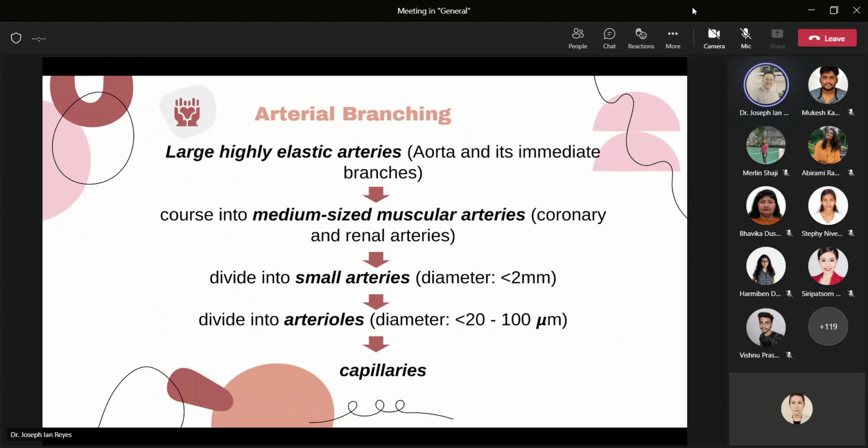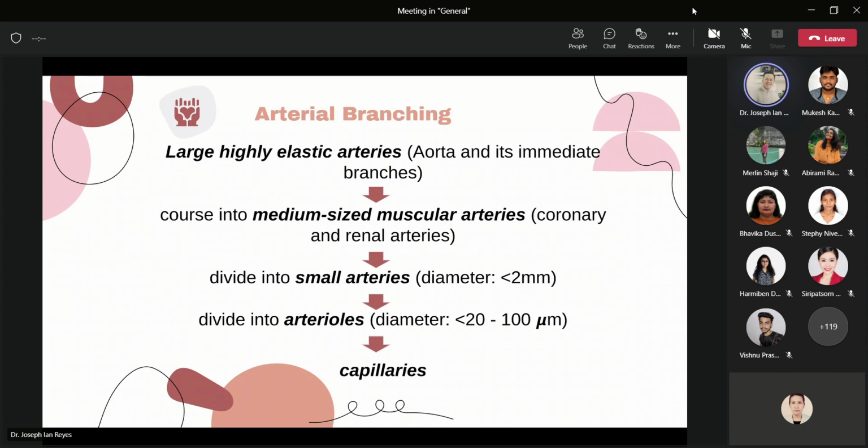So you have your coronary and your renal arteries further down, then divided into smaller arteries. Remember, small arteries are less than 2 millimeters, and the smaller ones would be arterioles, which are 20 to 100 microns.